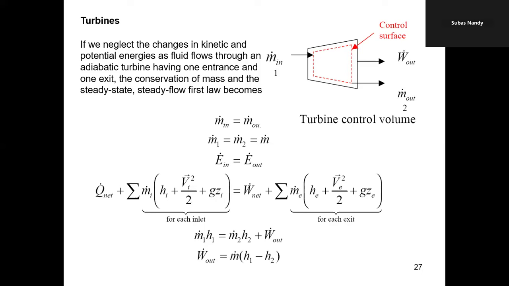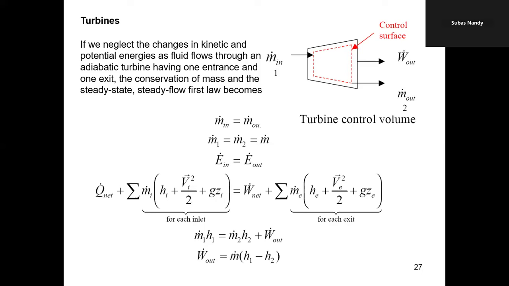That is equal to what is going out: the net work produced by the system, W dot net, plus the sum of the mass flow rate times the energy for each exit. On the left you have the sum for each inlet. Remember, sigma means the sum of energy coming in, and on the right-hand side, the sum of energy going out.